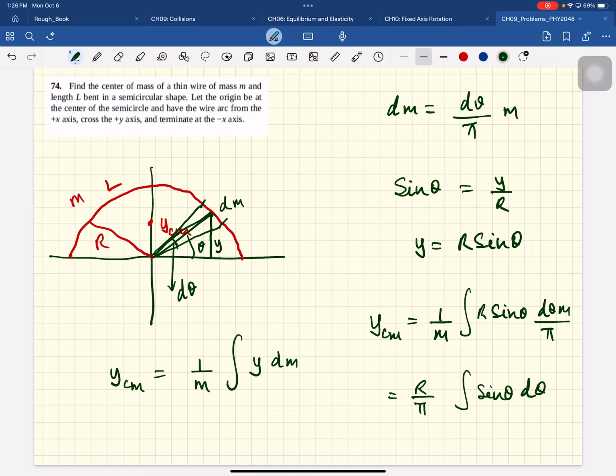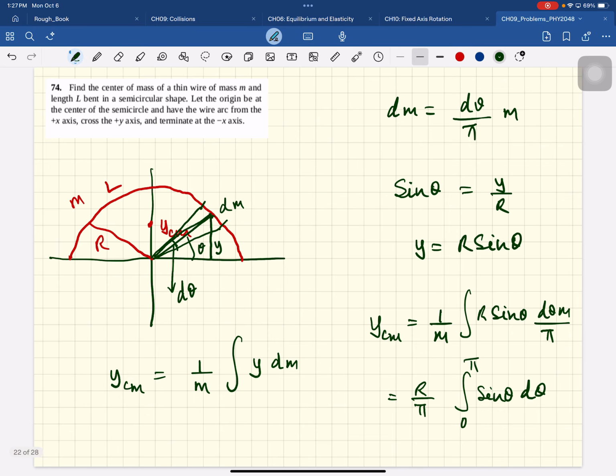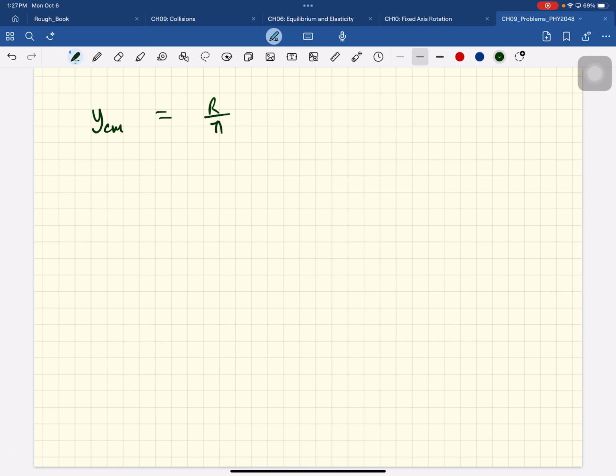And what are the limits of integration? What does theta change from? 0 to pi. And the integral of sine theta is minus cosine theta.